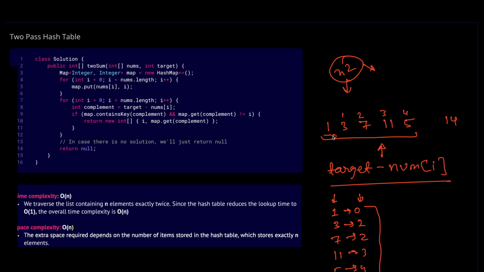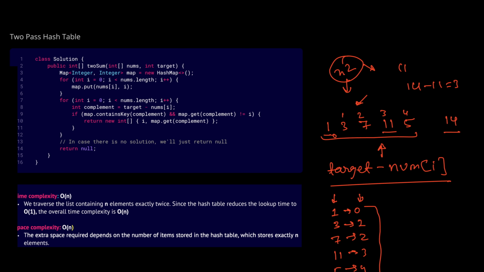We already have one number, and we are looking for the second number, which is target minus nums[i]. Let's take an example: the number is 11 and the target was 14. So 14 minus 11 equals 3. If we have this 3 in our map, it means we have our solution.